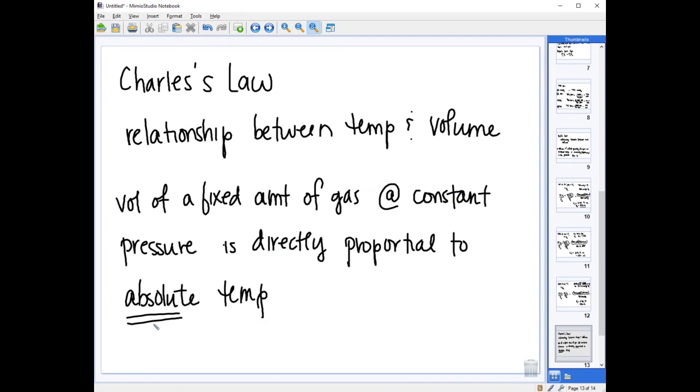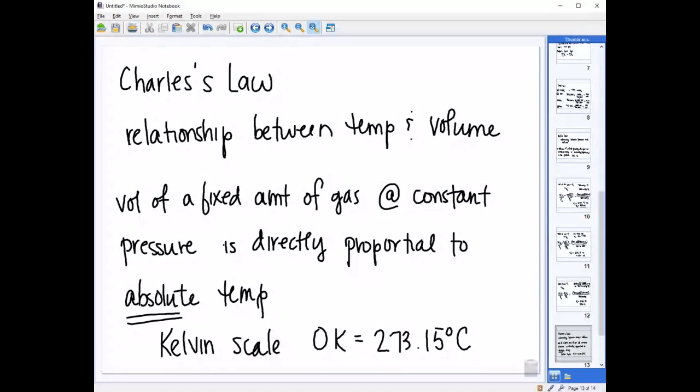When we say absolute temperature, we're talking about the Kelvin scale, because we're talking about our absolute zero scale. And so 0 Kelvin is equal to negative 273.15 degrees Celsius, and they're on a 1-to-1 basis. For every degree Kelvin, we're essentially going up a degree Celsius.